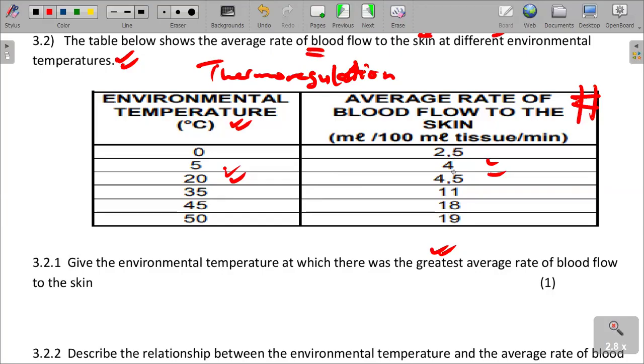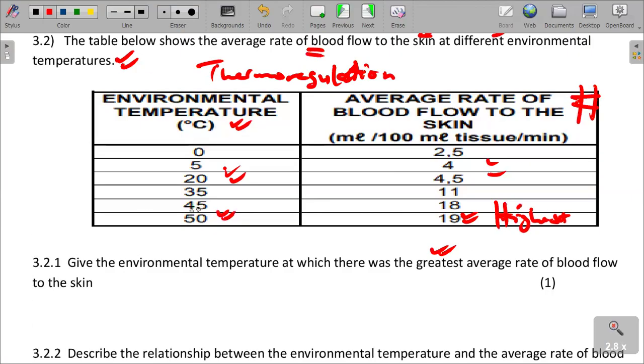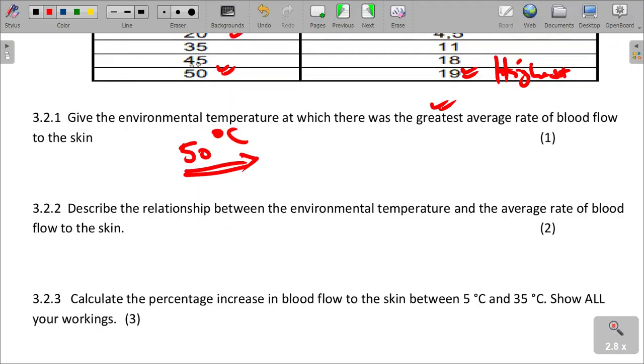So we have got 2.2, 2.4, 4.5, 11, 18, 19. 19 is the highest. And then what needs to be known is, what is the environmental temperature where we have got 19 milliliters? So the temperature is 50 degrees Celsius, which is given according to our graph there. It's a matter of reading what is shown on the graph.